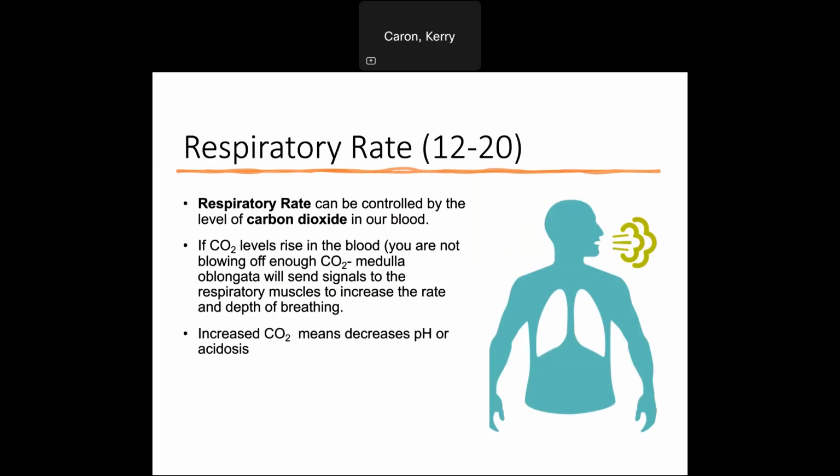Normal respiratory rate is between 12 and 20, and that is controlled by the level of carbon dioxide in our blood. So if carbon dioxide levels rise in the blood, the medulla oblongata sends signals to increase the rate and depth of breathing. If we have too much carbon dioxide, we have acidic blood, acidic conditions, that's a decreased pH or acidosis.